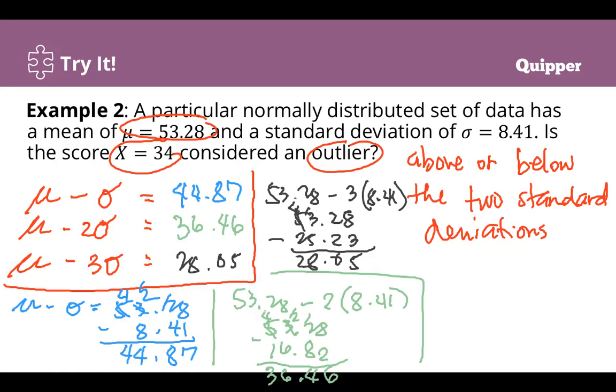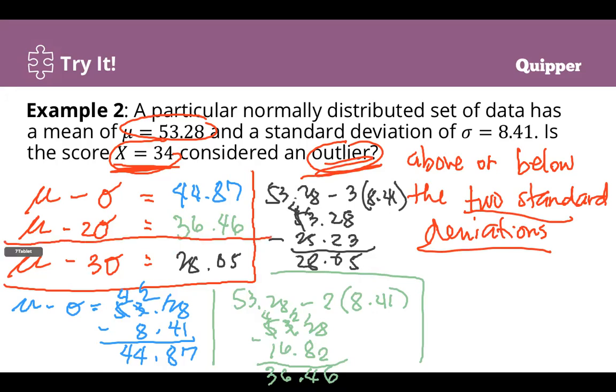And so after finding those answers, what are the differences between these formulas? Hanapin naman na natin yung ating score, which is 34. Kapag yung ating score is mas mababa pa siya doon sa ating pangalawa, 2 standard deviations na yan, that means isa siyang outlier. Okay? So let's see. Our second here is 36.46.